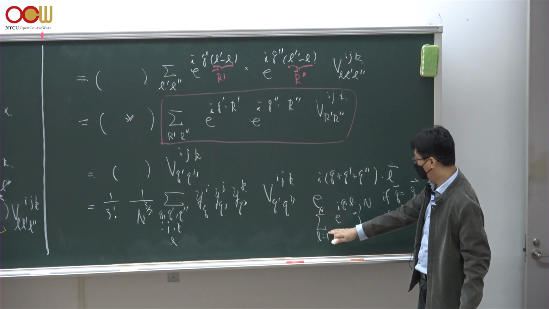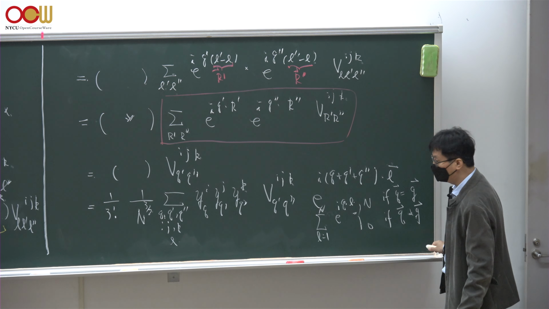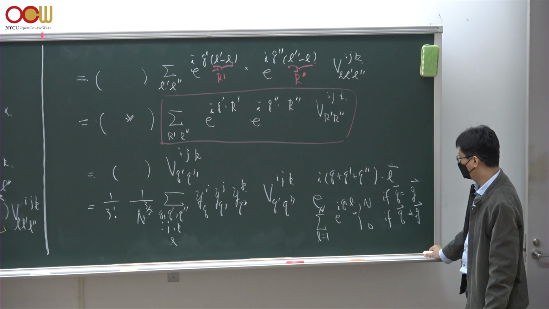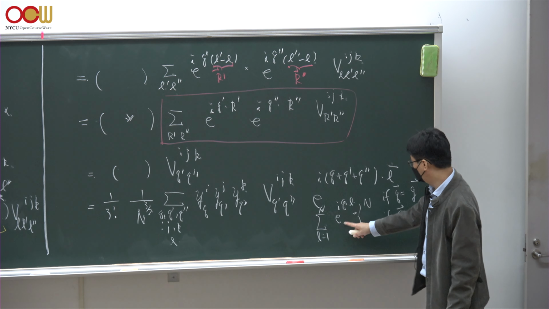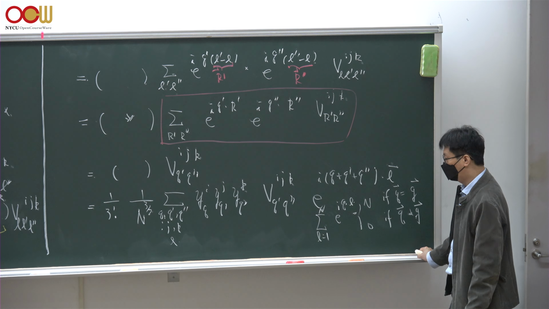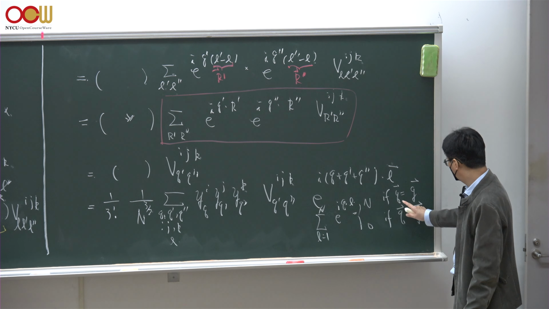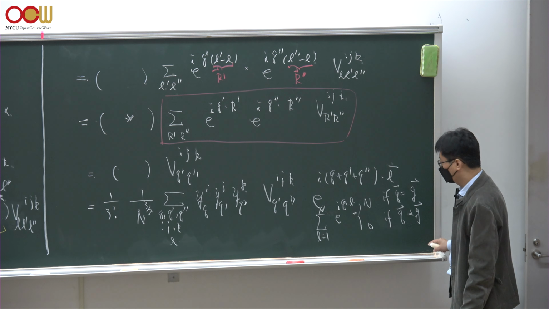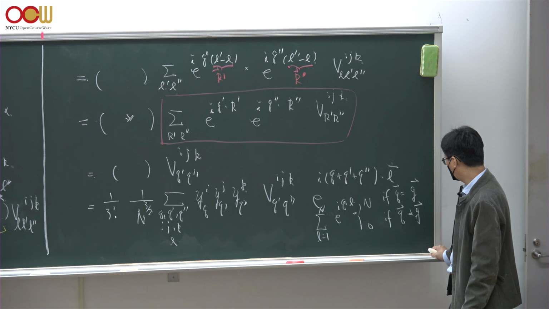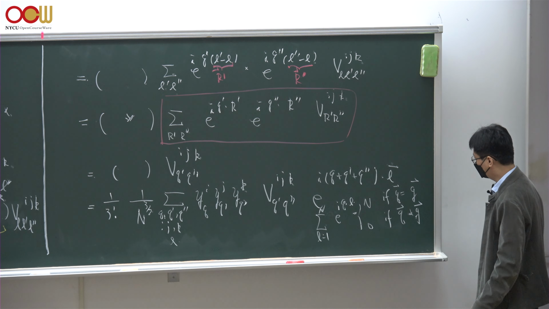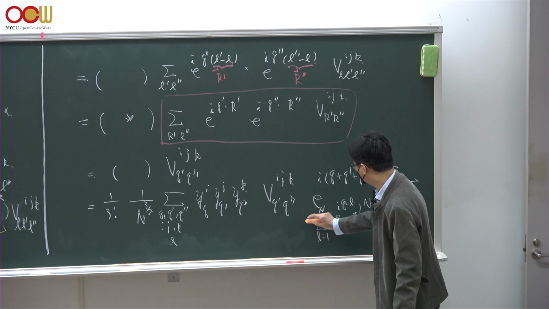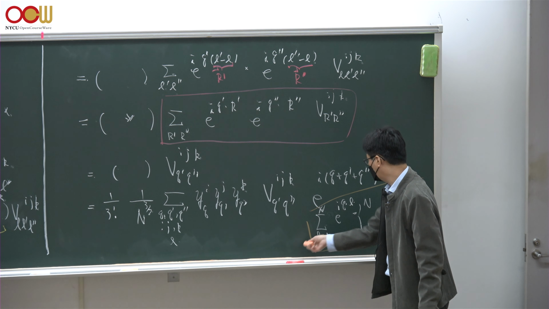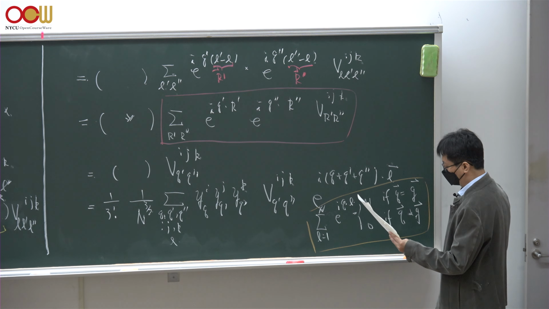So if you sum over L from 1 to capital N, and inside the summation is e to the iq dot L, this quantity gives you the final answer N, capital N, if Q is actually the reciprocal lattice vector G, and this gives you 0 if Q is not the reciprocal lattice vector G. Okay, so this identity has been used many times in the past, so you could take advantage of such a generalized delta function.